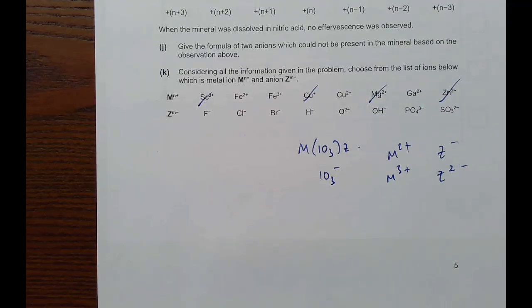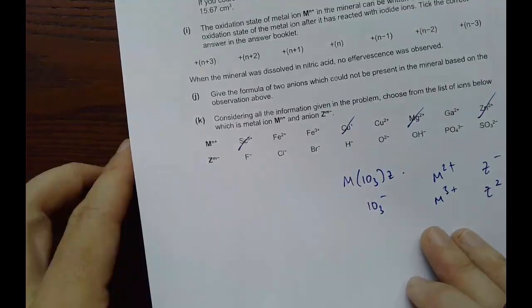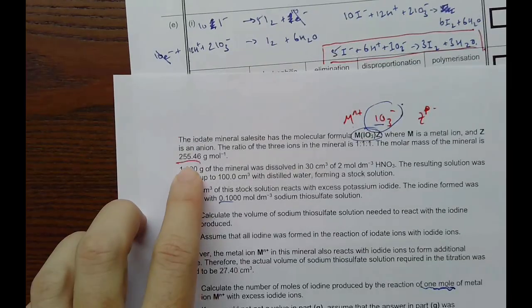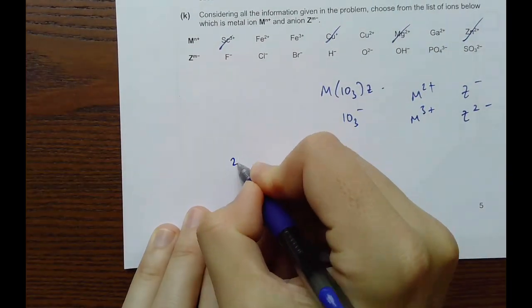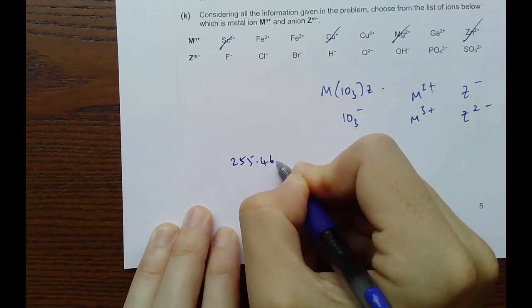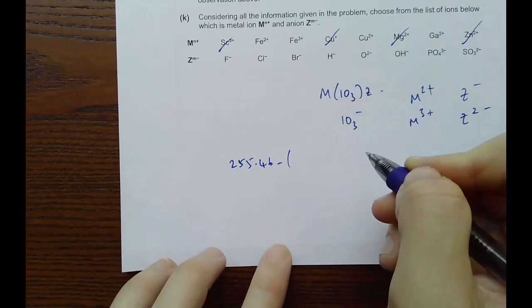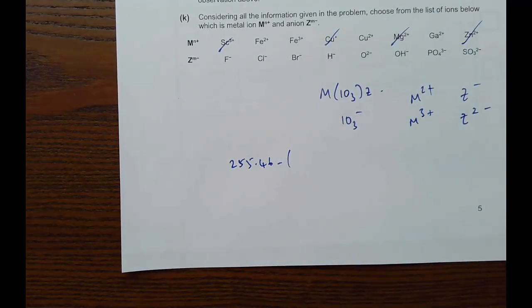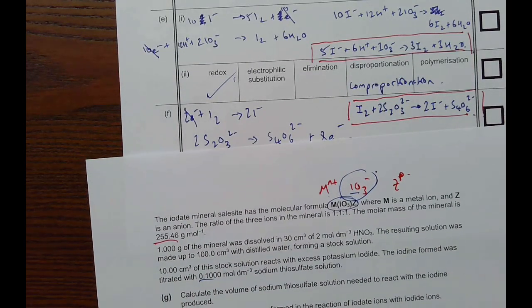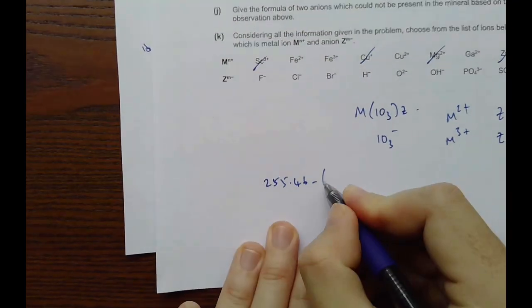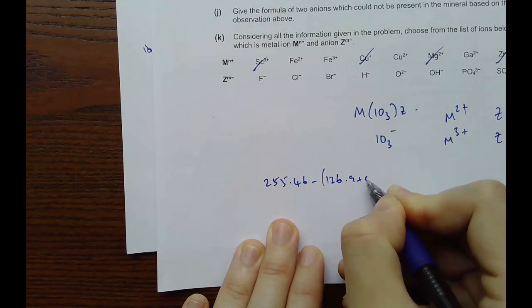Now at this point it's useful to bear in mind that the molar mass of the ion was given earlier in the question, 255.46. So I can do 255.46 minus the mass of the iodate ion, which is going to be 126.9 plus 48.